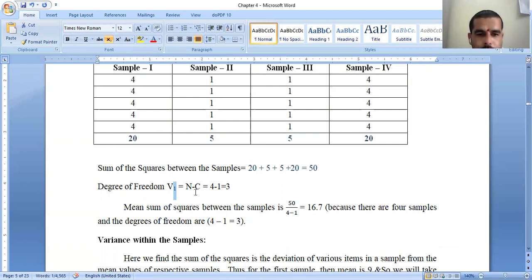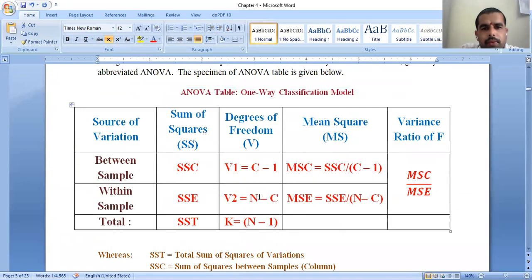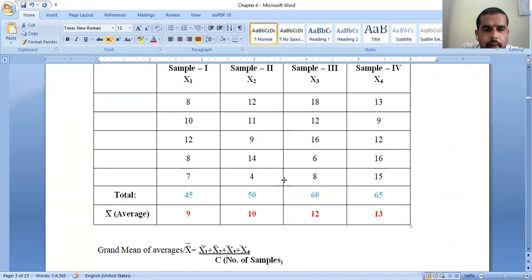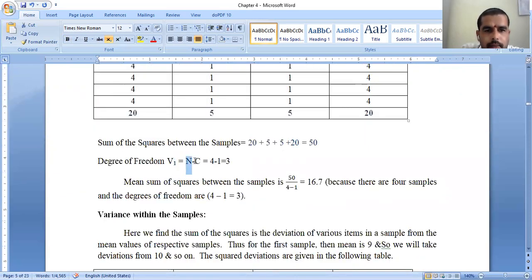Sorry, this is not N minus C, small mistake. It is C minus 1. C stands for how many samples are there? 4 samples are there. 4 minus 1 is equal to 3.